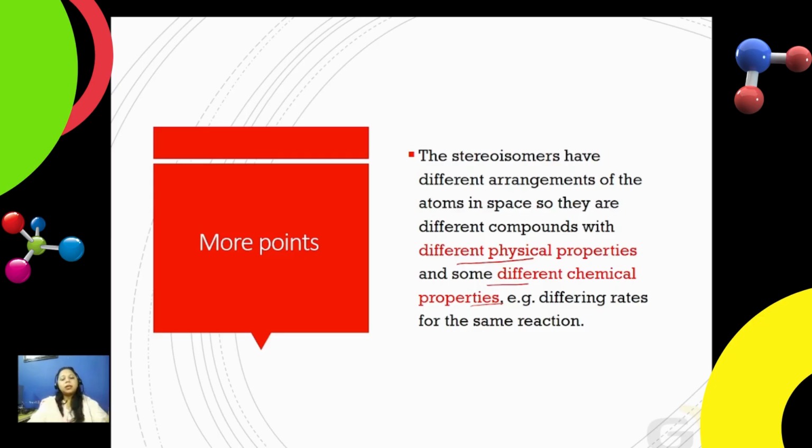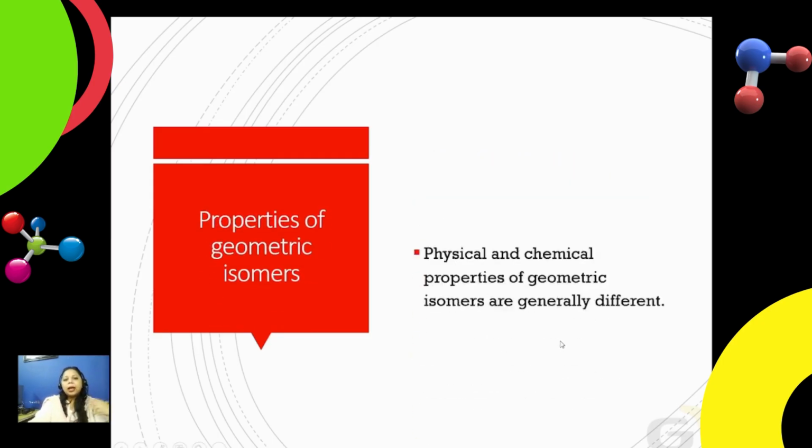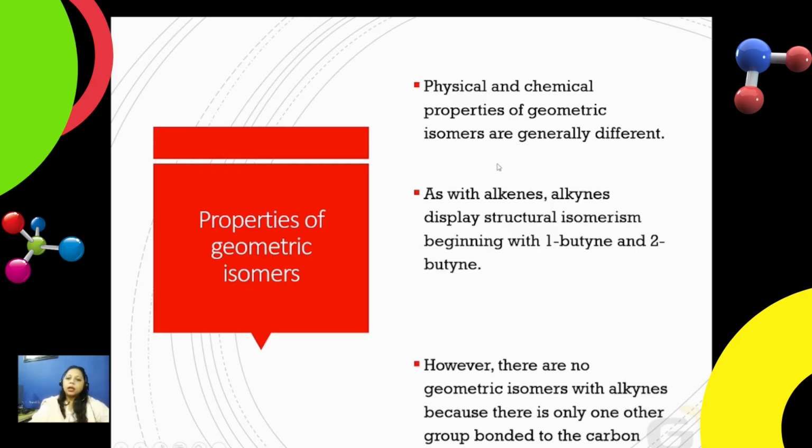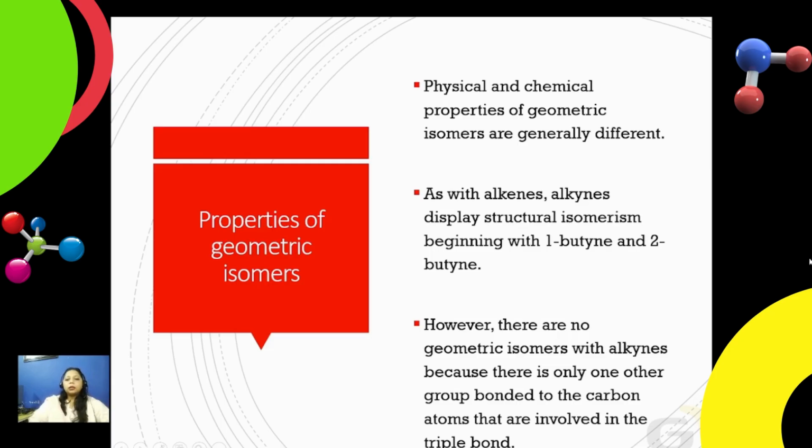So sometimes their chemical properties differ as compared to the general group. As we have learned in homologous series, the properties are quite similar, but if there is a geometric isomer, then they might differ. So the physical and chemical properties are generally different.